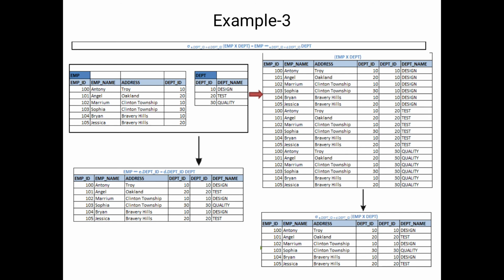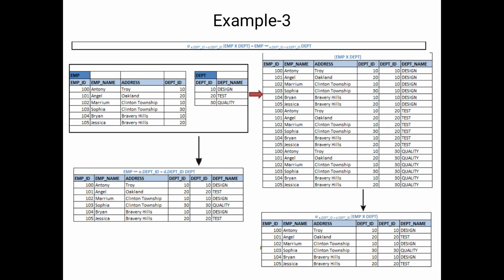From the employee table and department table, we retrieve the information where the employee table department id is equal to the department table department id. Finally these two are equal, so these 2 queries are equal.